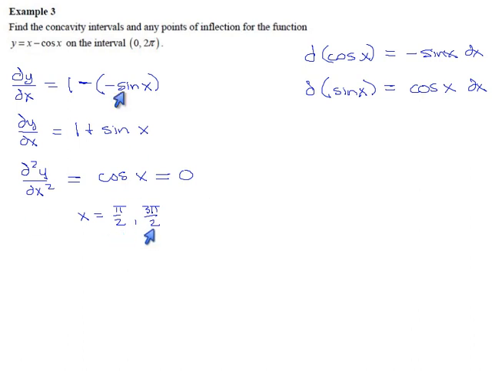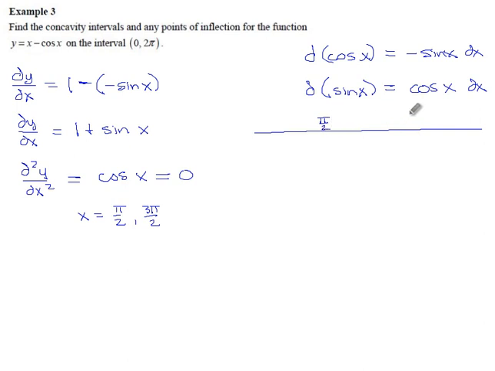But these are the only ones that interest us because we're supposed to stay on the interval 0 to 2 pi. So, pi by 2 and 3 pi by 2 are the only places where the second derivative might do something neat. Let's see if it does.